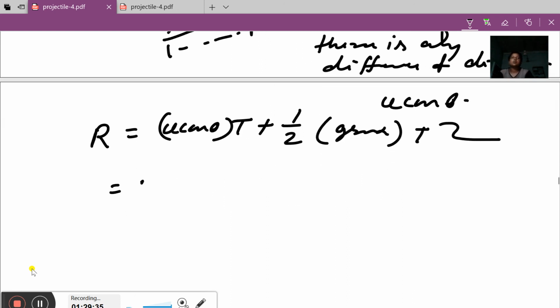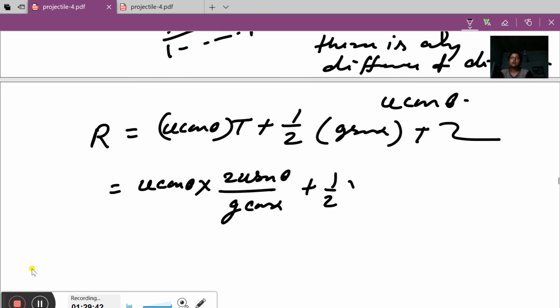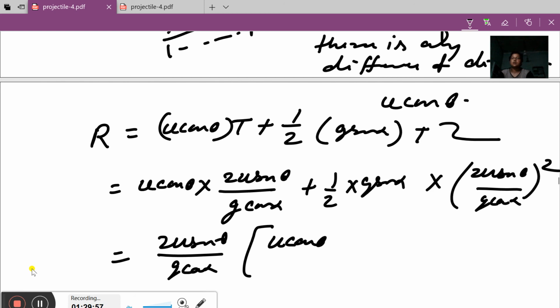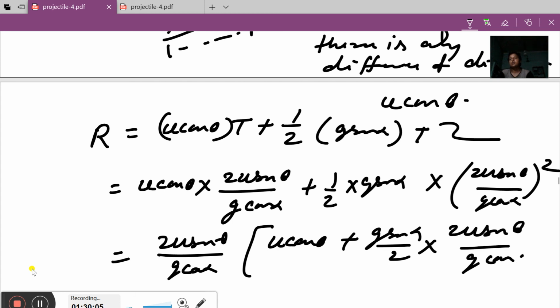What is t? t is 2u sin theta over g cos alpha. So 2u sin theta over g cos alpha is common: u cos theta plus g sin alpha over 2 multiplied by 2u sin theta over g cos alpha. 2 gets cancelled, u common.